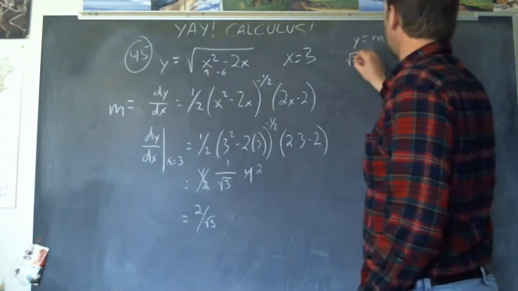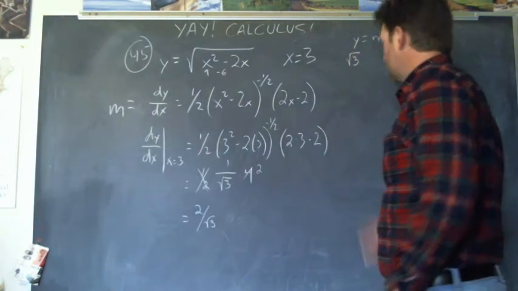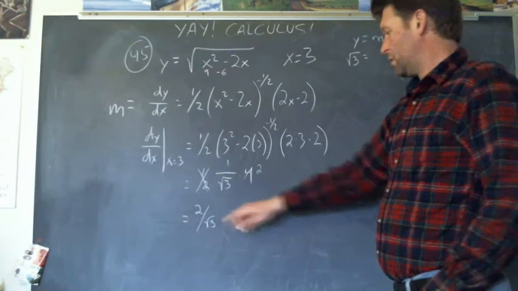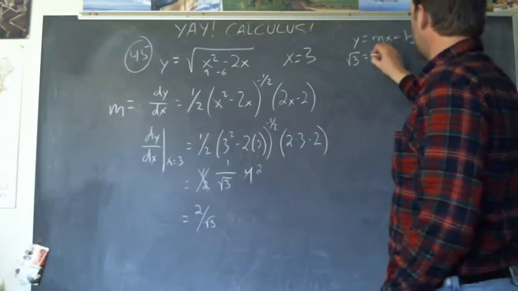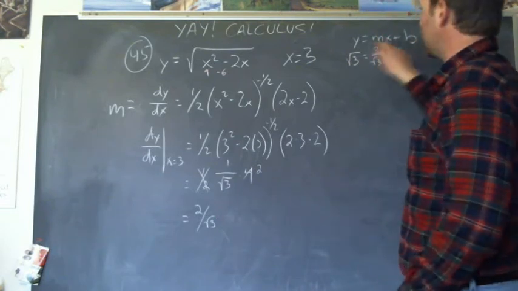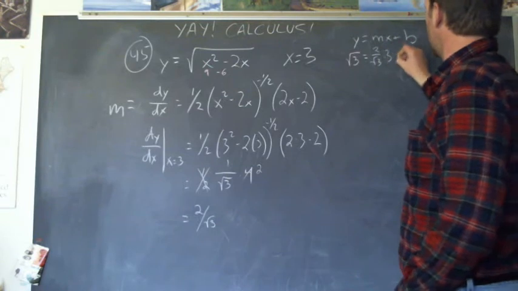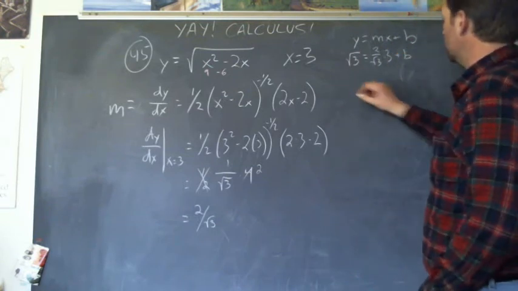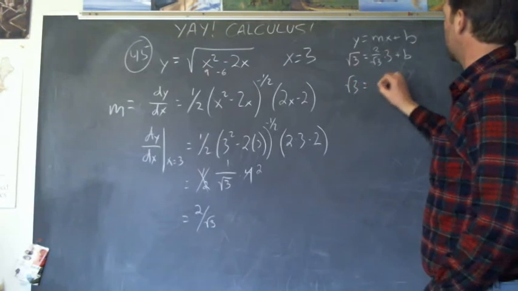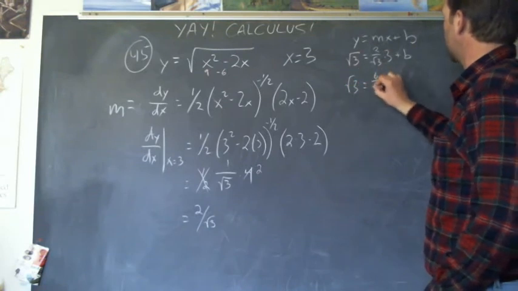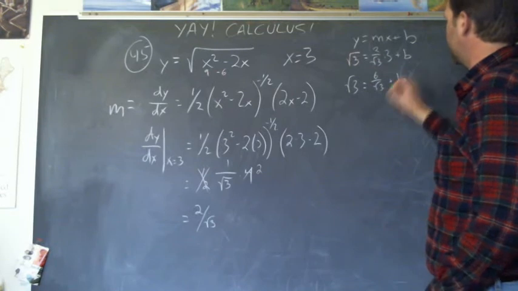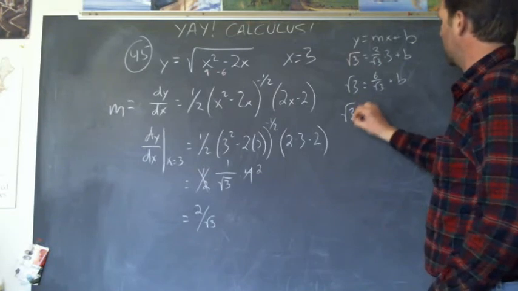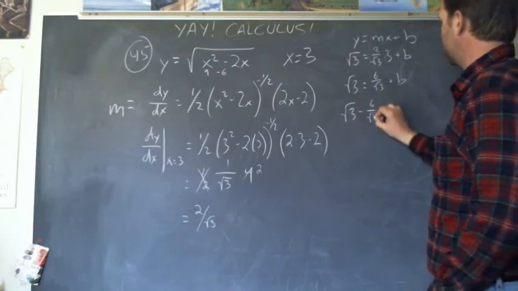That's radical 3. Now equals 2 over radical 3 times x, which is 3, plus b. And we'll solve for b. So radical 3 equals 6 over radical 3 plus b, so b equals radical 3 minus 6 over radical 3.